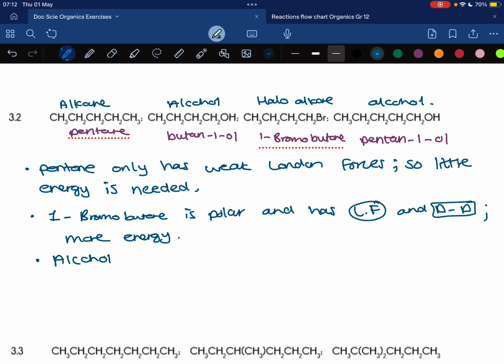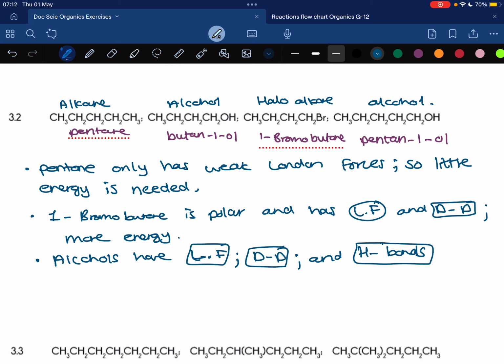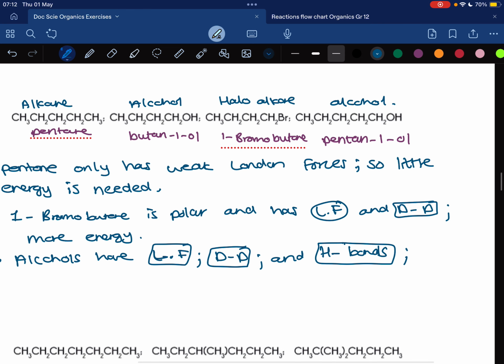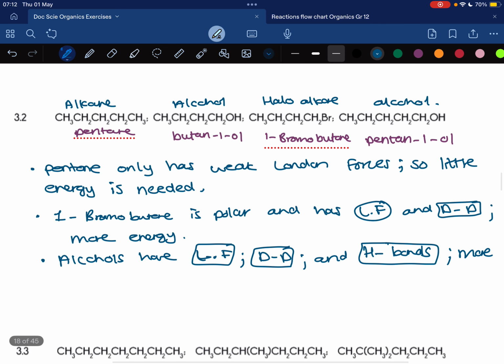The alcohols have London forces, dipole-dipole, and hydrogen bonds. So more energy is needed. But there's two alcohols.